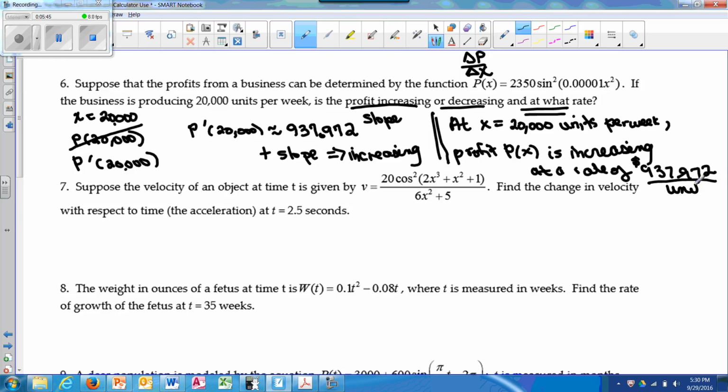So the profits of the business, we'll assume for now we have dollars per unit.